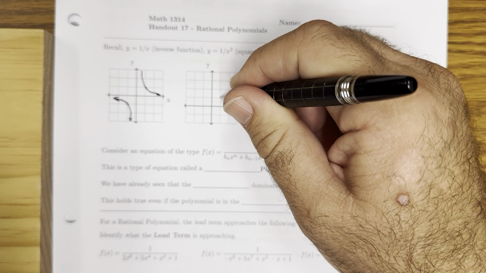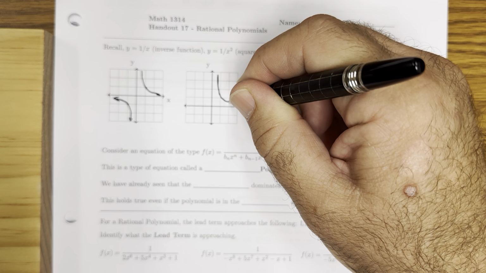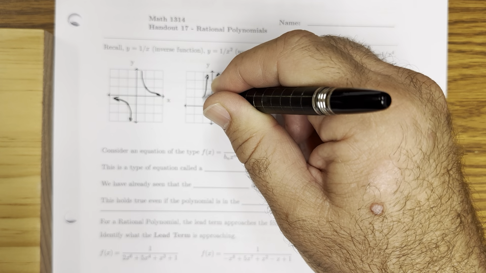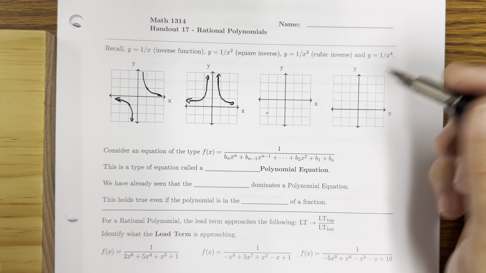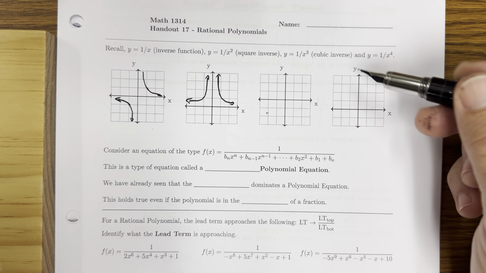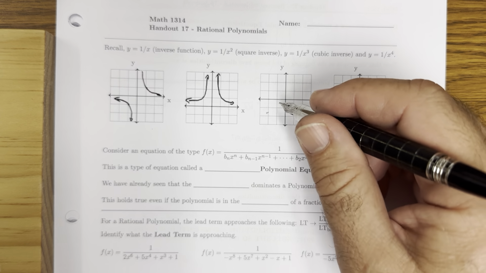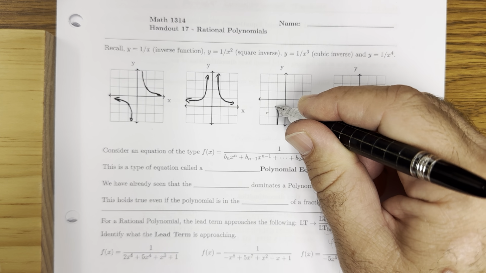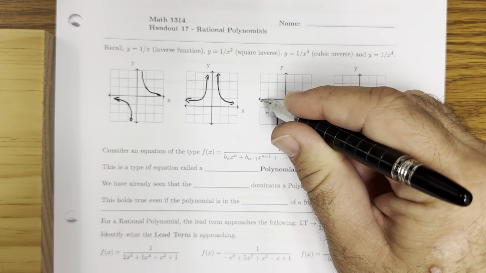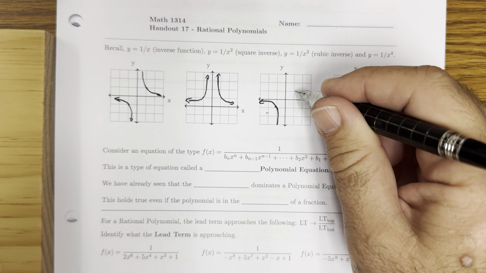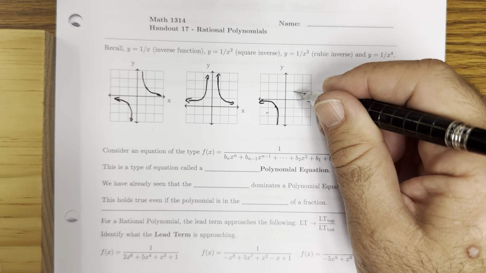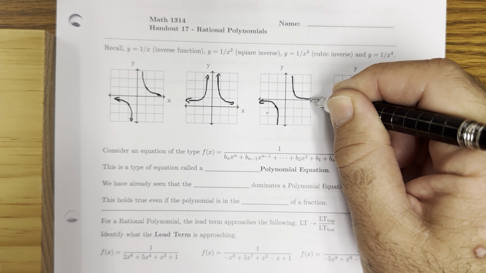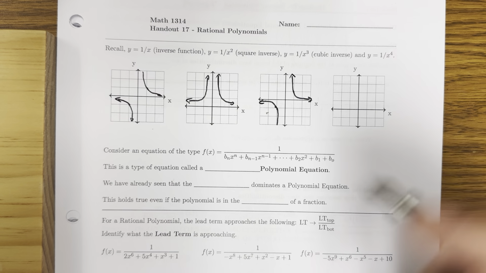And of course, these will be both on the top here. And if you do the cubic inverse, we're back to switching sides, but we do note that it'll shoot up faster and it'll slam into the x-axis faster.